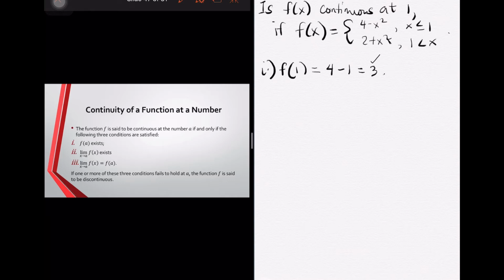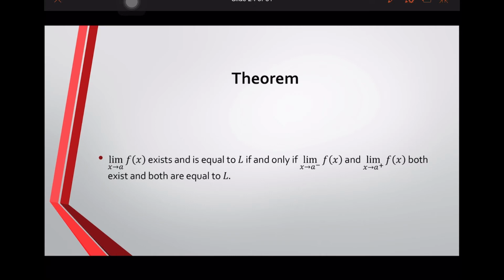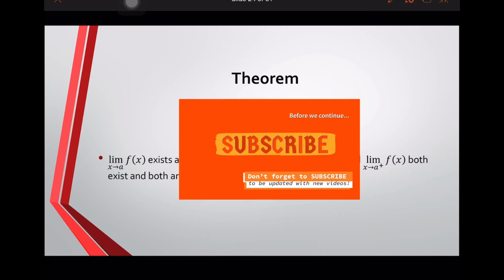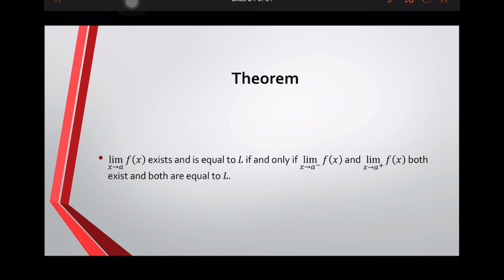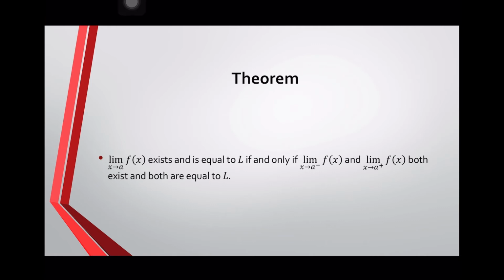Now moving to the second condition would be this time verifying the existence of the limit of f of x as x approaches a. Now how again to check or to know if the limit exists? I hope you can remember that. Limit of f of x exists if and only if, and that would be equal to L, whatever L is.